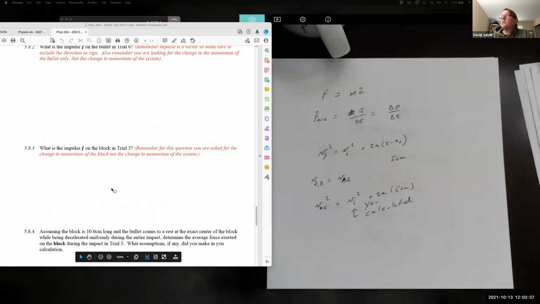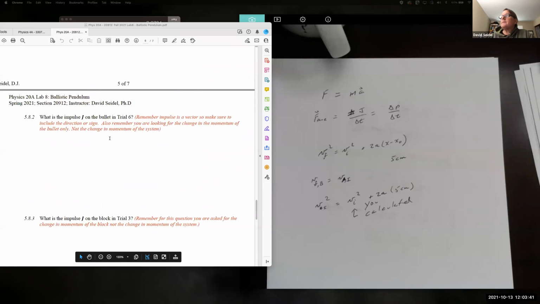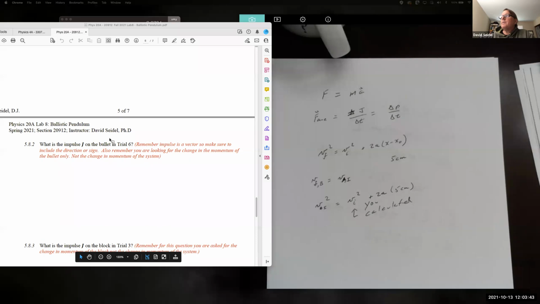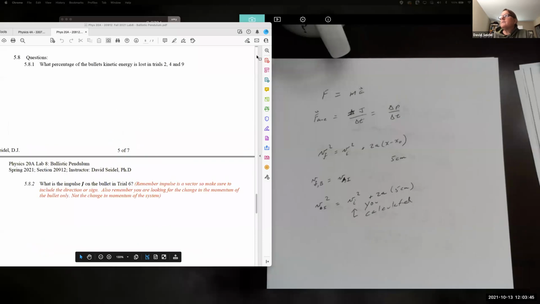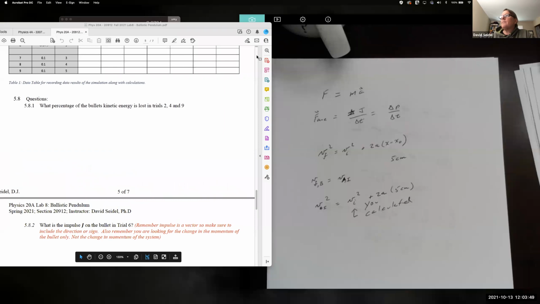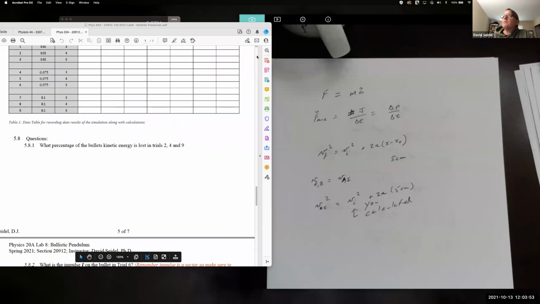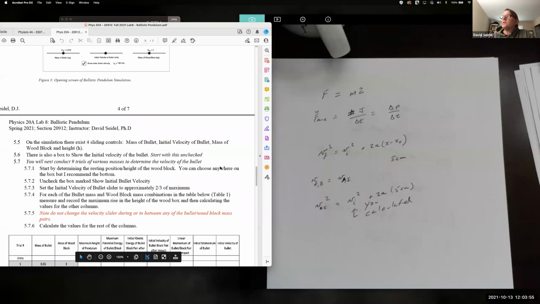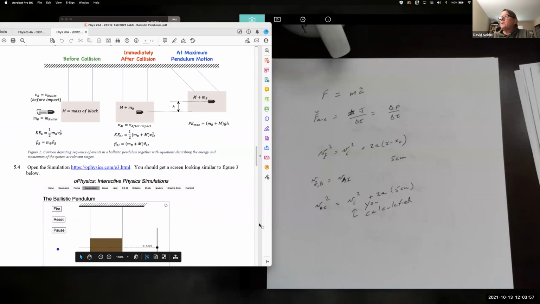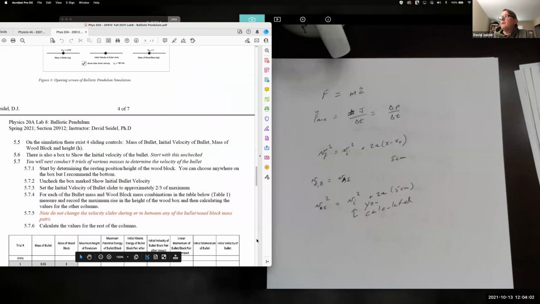So you got to pick which trial, but pick trial 3 or trial 6. It doesn't matter. Pick one of the trials. I'll have to calculate it for all of them, and you'll have to indicate which trial. There's different forces depending on the trial. But you have the initial velocity of the bullet calculated here.